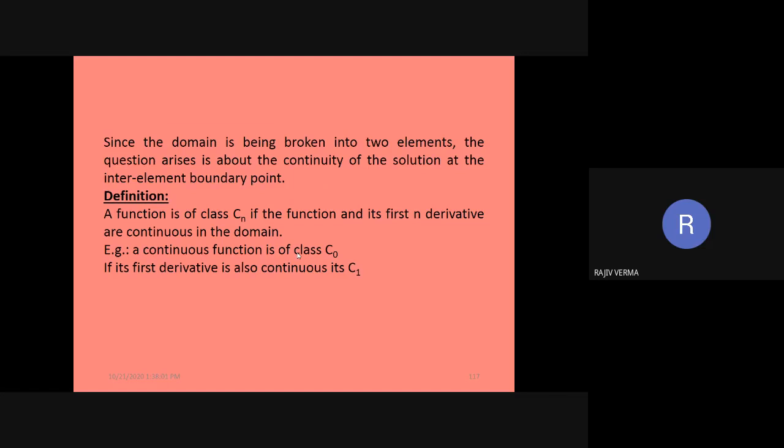If only the function is continuous, it belongs to class C0. But if the function along with its first derivative are both continuous in the domain, then the function belongs to class C1.